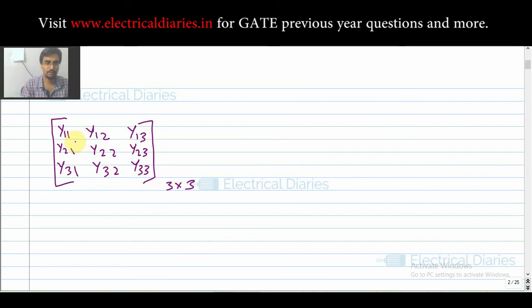Now I hope you could understand that your y11 will be according to the power system that is given to you, and your y12 will be equal to y21. These elements will be the same as these elements, that is, your y21 will be same as y12, your y13 will be same as y31, your y32 will be same as y23. Okay, so now this much is clear. I hope these are the very basic things of this discussion.